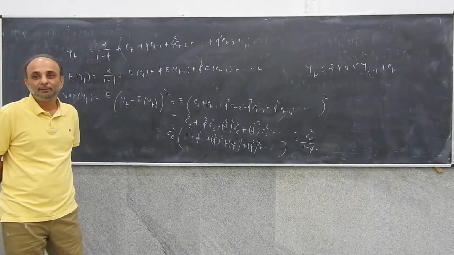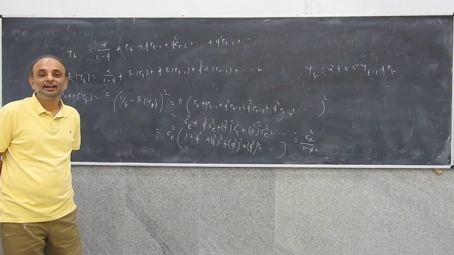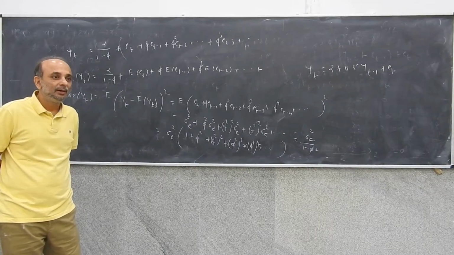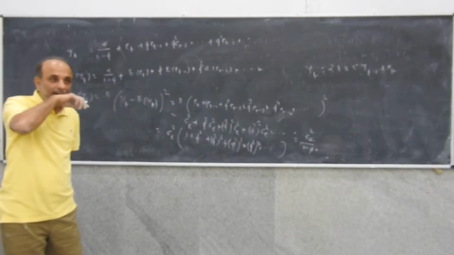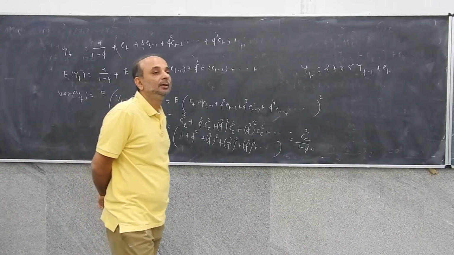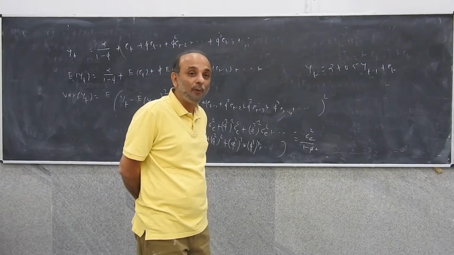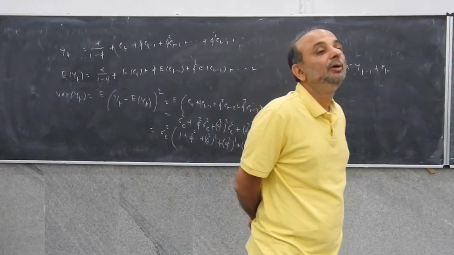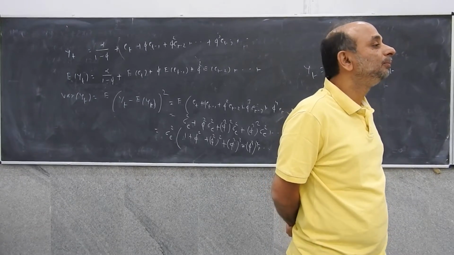The variance would be sigma square e upon 1 minus phi square. What is sigma square e for a standard normal? 1. Right? What will be 1 upon 1 minus phi square? 1 upon 1 minus 0.5 square, so 1 upon 1 minus 0.25, 1 upon 0.75.